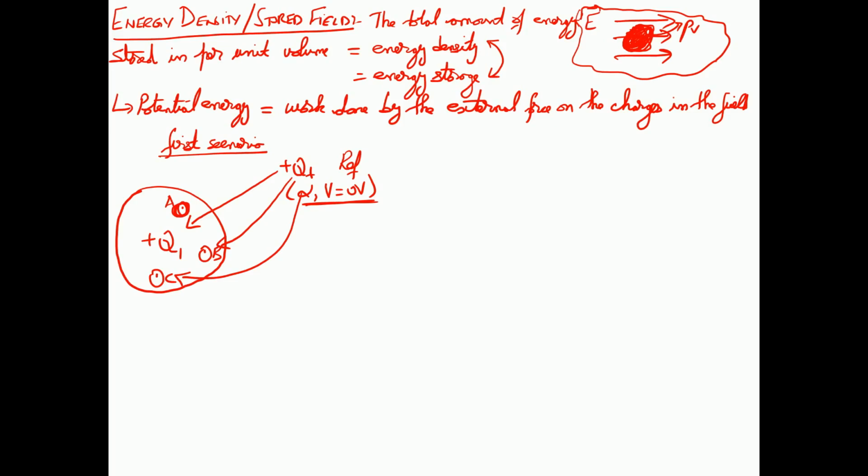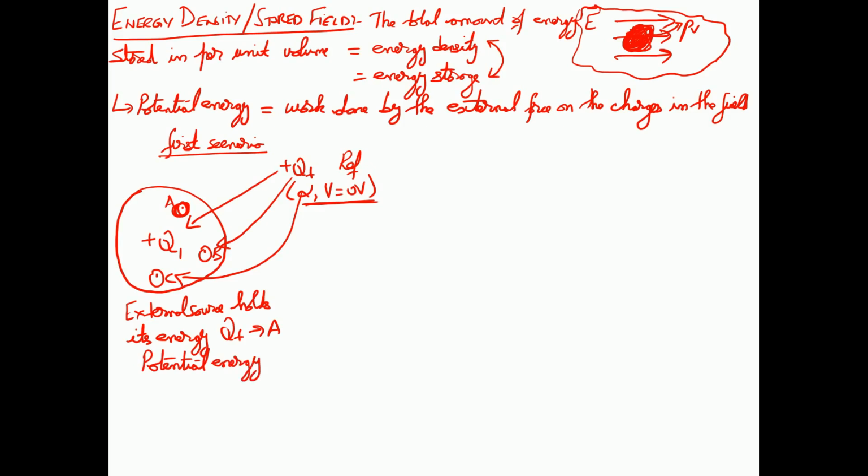So the external source holds its energy such that the test charge remains at point A inside the field of charge Q1. This kind of hold, this kind of energy, is known as the potential energy.